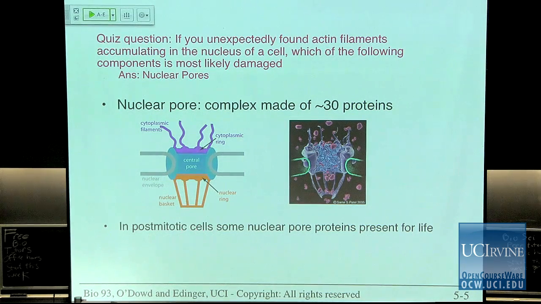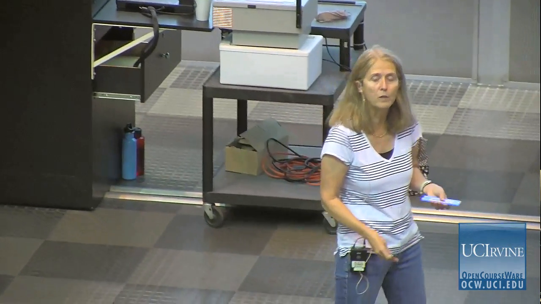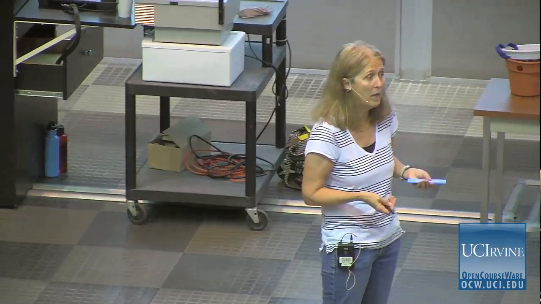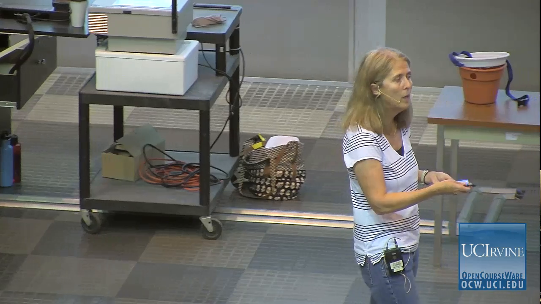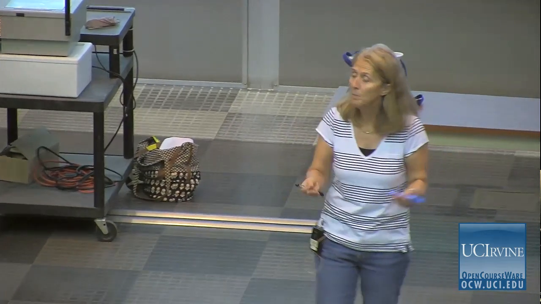So in post-mitotic cells, that means cells that have finished dividing, some nuclear pore proteins are present for the rest of the life of that cell. So there are cells in our bodies that don't divide much, if at all, after birth. So for instance, the neurons in our brains, most of them were born before or at the time you were born.